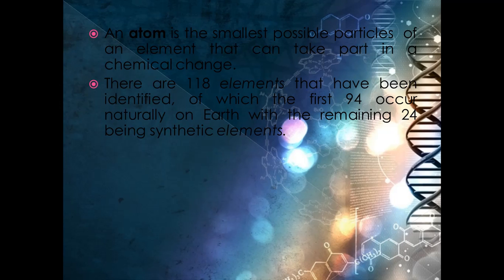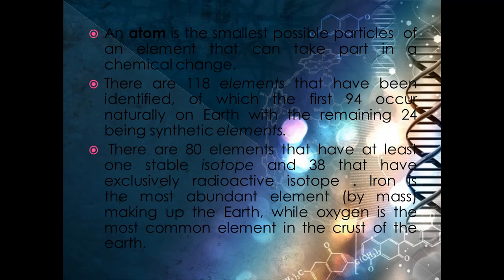There are 118 elements that have been identified, of which the first 94 occur naturally on Earth, with the remaining 24 being synthetic elements. So there is a difference between the naturally occurring and synthetic.